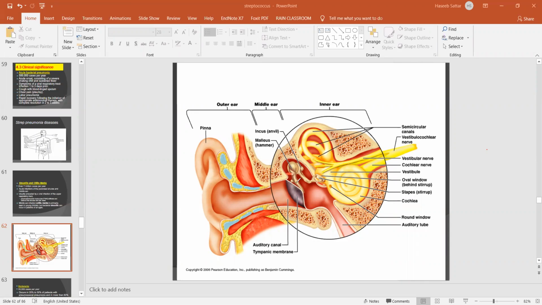For me, it takes about a month to heal. It is very tiring, because on one side you are not able to hear. Anyhow, this is what we call otitis, and it is very common in children.